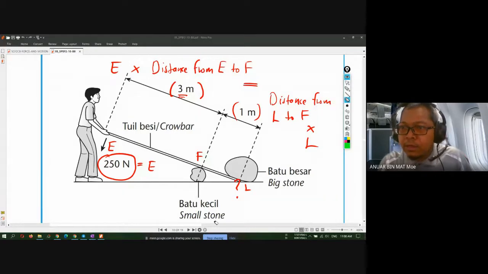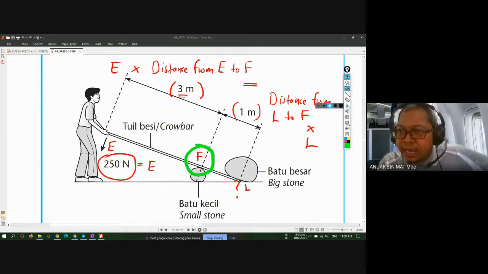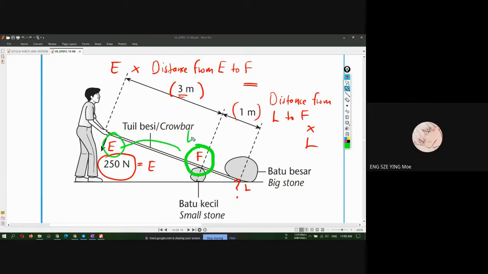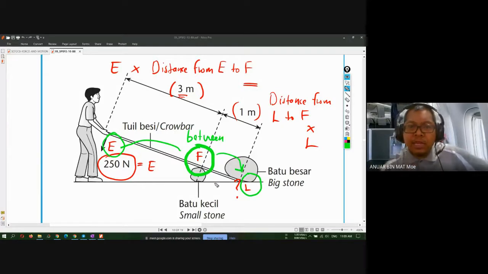Or you can say that the fulcrum is between effort and load. So that we call it a first class lever. Okay, this is for question number 3B, page 107.